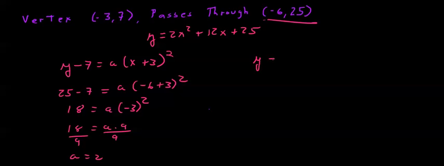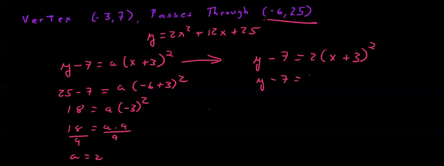So y minus 7, I'm using this equation, equals 2 times x plus 3, quantity squared. Multiplying this, you should be able to do this in your head. If not, write it out. X squared plus 6x plus 9.